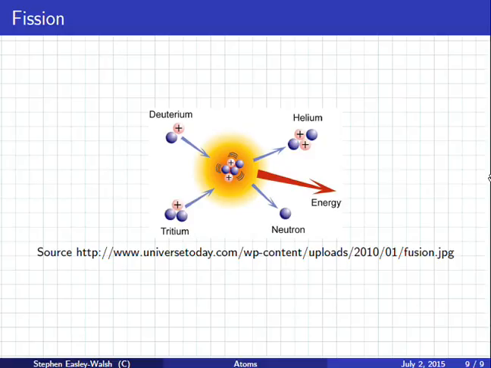Fusion is the forced combining of 2 light atoms into a heavy atom and energy. Okay, what did you write, Abraham? Fusion is the forced combination of light atoms into heavier atoms and energy. Good. You actually have the example there. Fusion is the forced combining of two light atoms into heavier atoms and energy.